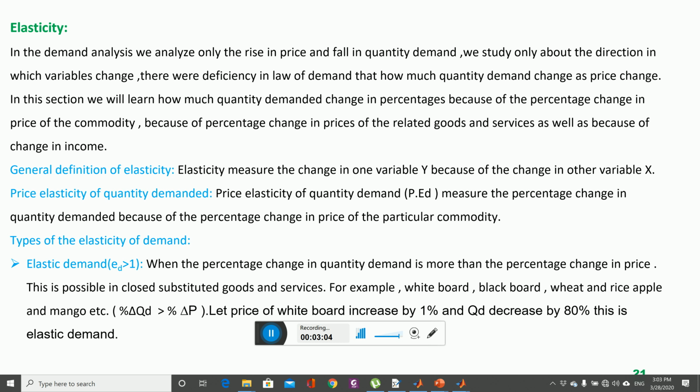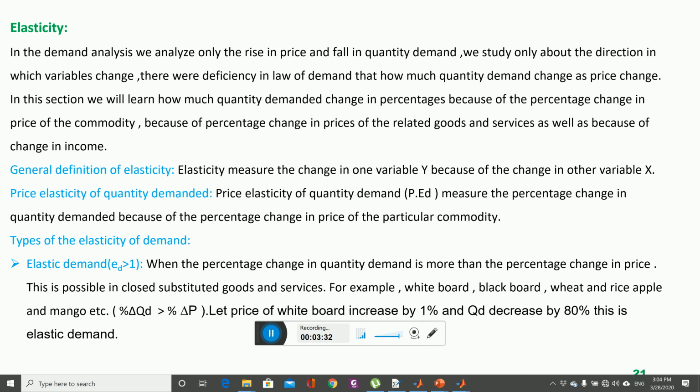That is why I wrote on the slides that there was a deficiency, and now we are covering that deficiency: how much demand changes if the price of the particular commodity changes, how much demand of one commodity changes if the price of a related, substitute or complementary commodity changes, or how much the quantity demanded of any particular commodity will change if the income level of the people changes.